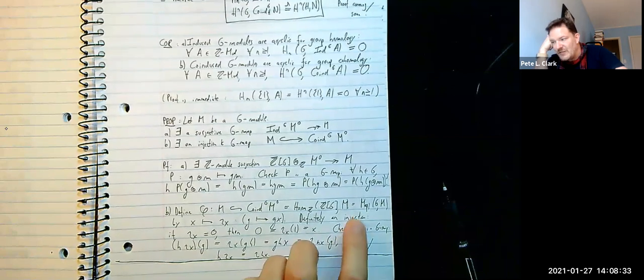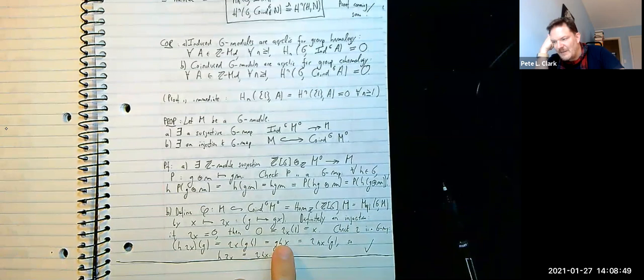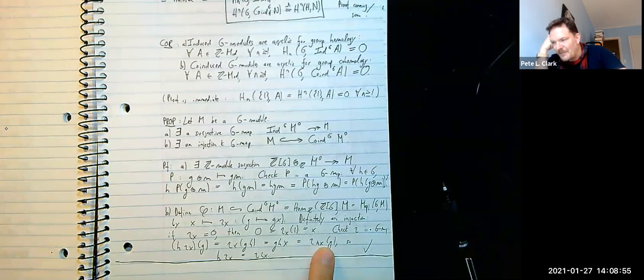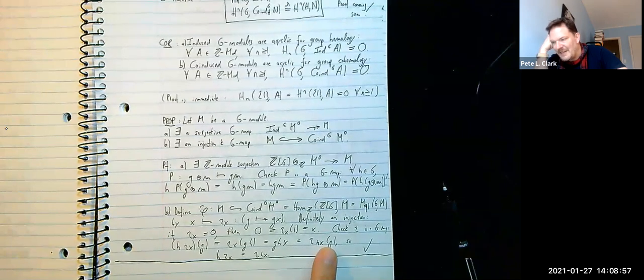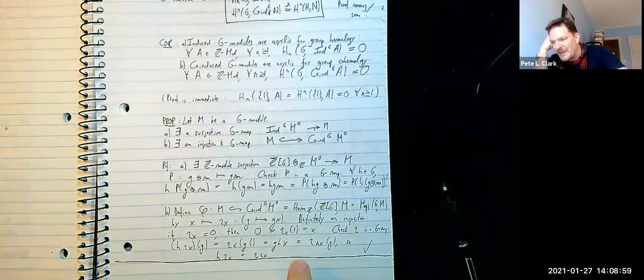Okay, so if I multiply it by H, what is my G module structure here? My G module structure is that I multiply my input on the right. So iota X of GH is take GH and multiply it by X. And that's iota sub H of X applied to G, because again, take G and multiply by whatever the subscript is.